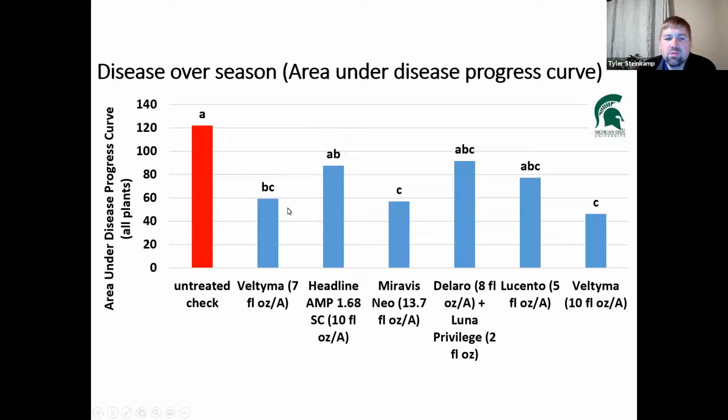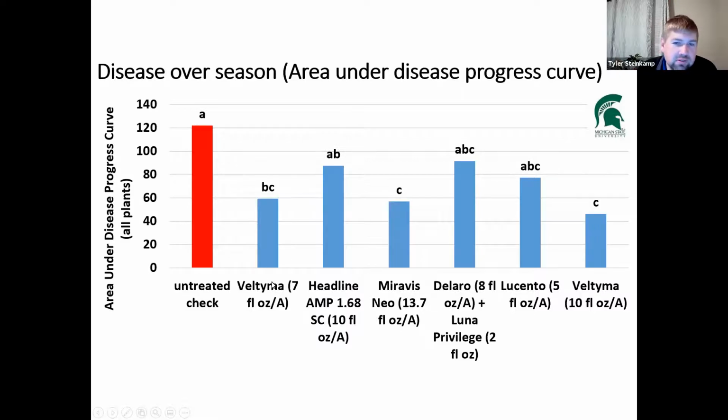Right? And that's a really important key here, guys. If they are statistically the same, then based on random chance, any one of these could be identical. So really, there's not a whole lot of difference in the different fungicides. There are a few exceptions. You can see Headline AMP did not perform nearly as well as a Veltima or a Miravis Neo.